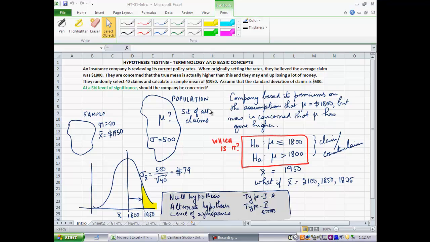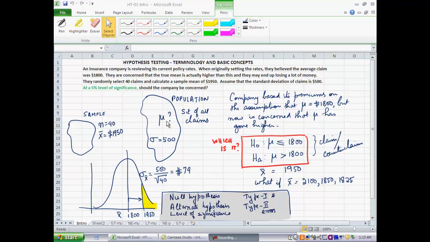So previously they believed that the average of the set of all claims was $1,800, and now they are concerned that that average might have actually crept up, might have gone up. So you can see that the population parameter that they are concerned about here is the mean, the population mean.